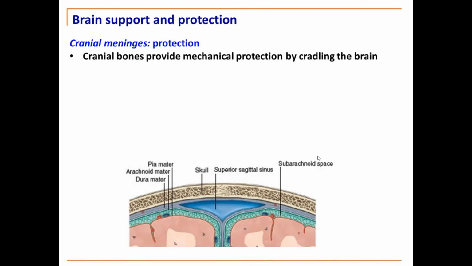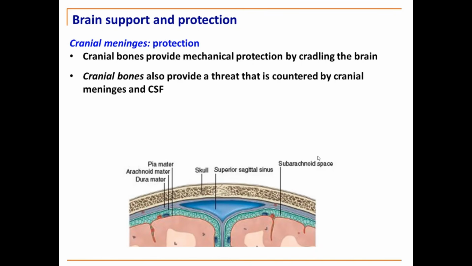So, carrying on with that, what is the cranial meninges doing? Well, they're obviously involved in protection. The cranial bones provide that mechanical protection by cradling the brain, and that has impacts in itself, of course, because the cranial bones can also provide a threat because they can break, and that's countered by the cranial meninges and the CSF.